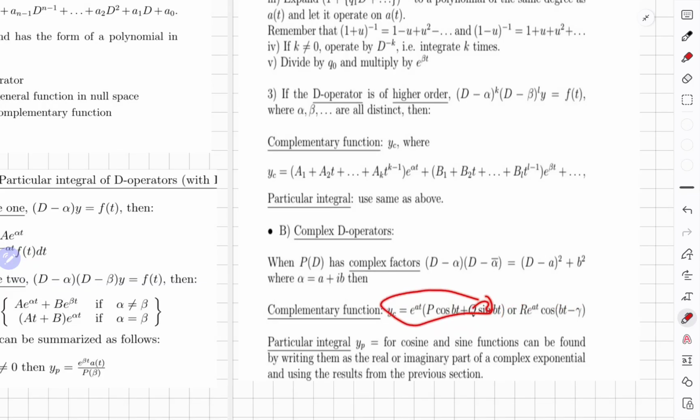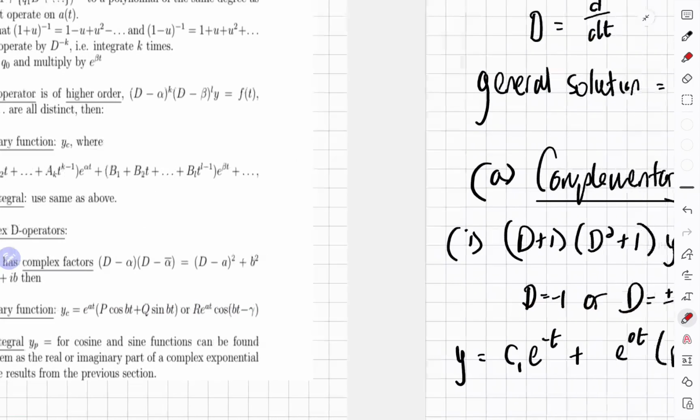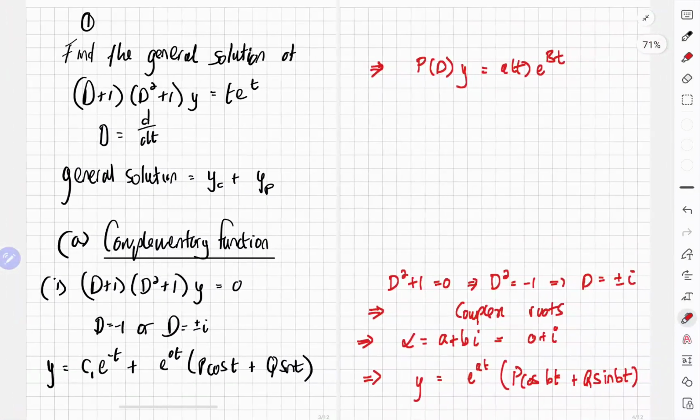Now, sometimes you can also use another form. I'm sure the lecturers mention it, but I prefer to use this one for my complementary function when I have complex roots.